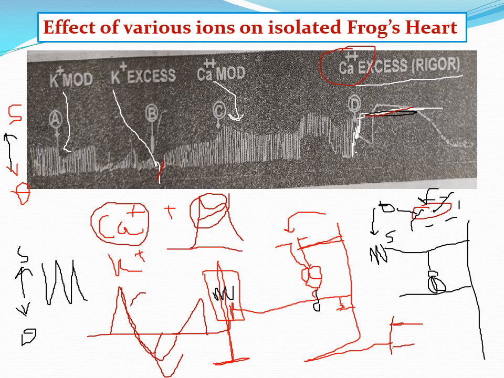In rigor mortis, what is rigor mortis? You studied it after the death of a person. After a few minutes of death, there is a stiffening of the muscle. Why is there stiffening of the muscle? Because this is the contracture state of the muscle.